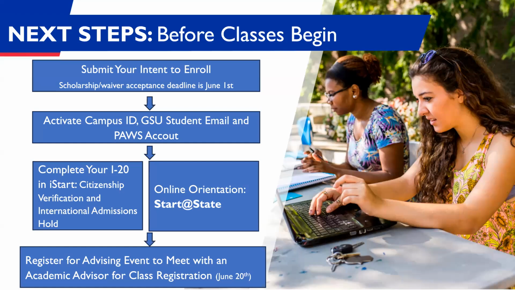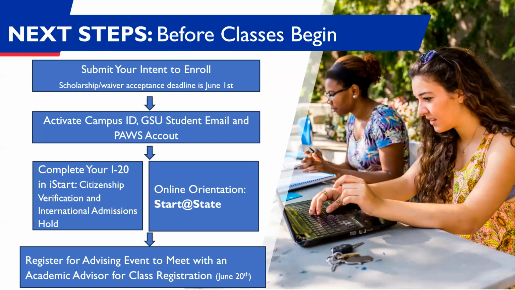After you finish your Start at State and complete your I-20, the two things have to be completed altogether. Not at the same time, but you have to complete both. Then you will receive an automated email saying, hey, thank you for completing your I-20 and Start at State. It's time to register. The email is scheduled to send out every Monday.